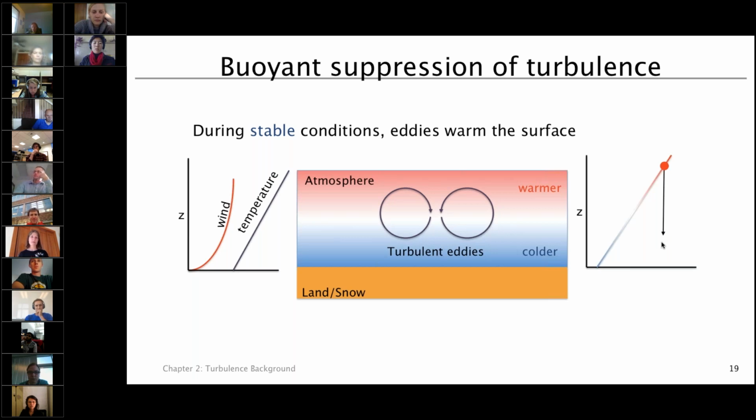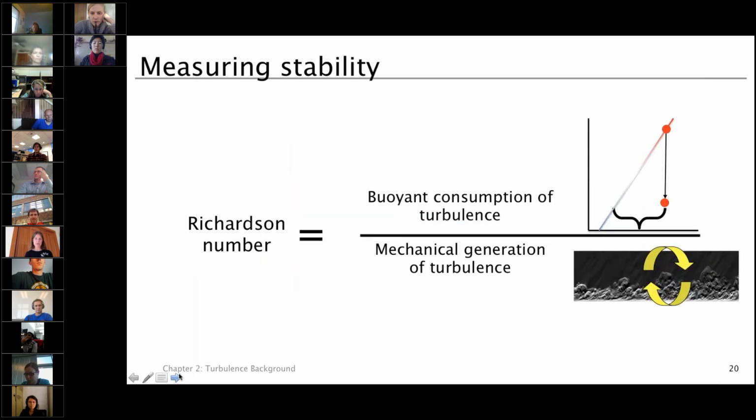Is it going to try and keep that parcel of air in place higher up? Yeah, it's going to resist mixing, right? The warm air, due to buoyancy, is not going to want to move down. So just due to stratification of warmer air being lighter than colder air, you're going to have a resistance to mixing. So buoyancy is going to resist the vertical motions.